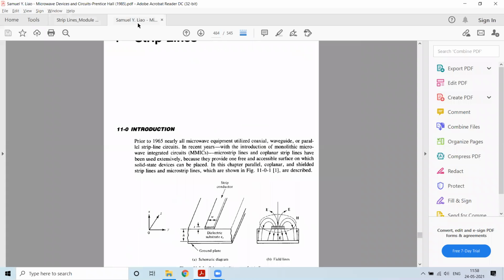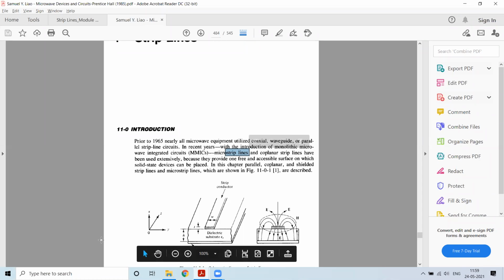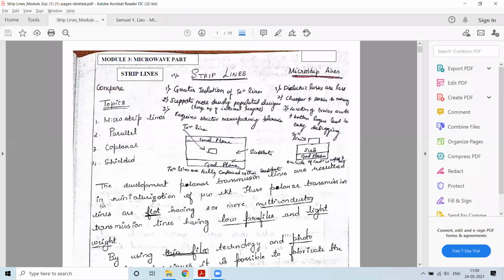When you consider a wired kind of structure, that is a transmission line, it will consume a lot of space. But when we go for microstrip or strip lines, it reduces the consumption of area. So it is a miniature version of those transmission lines we discussed in the previous sessions. Strip lines are the miniature versions of the microwave circuits.